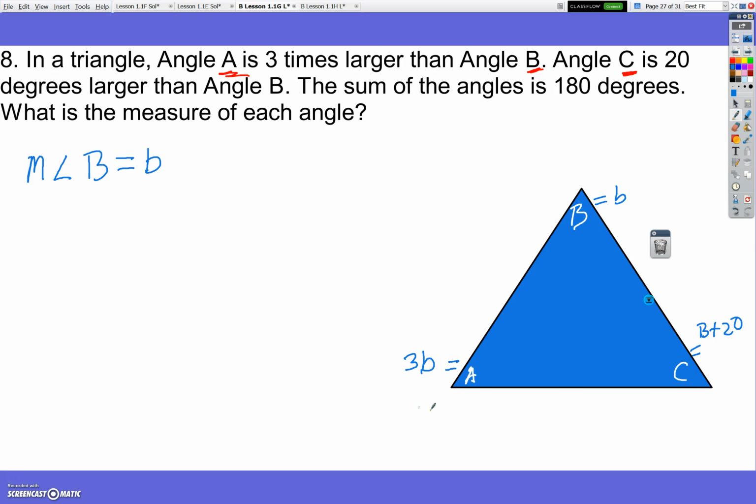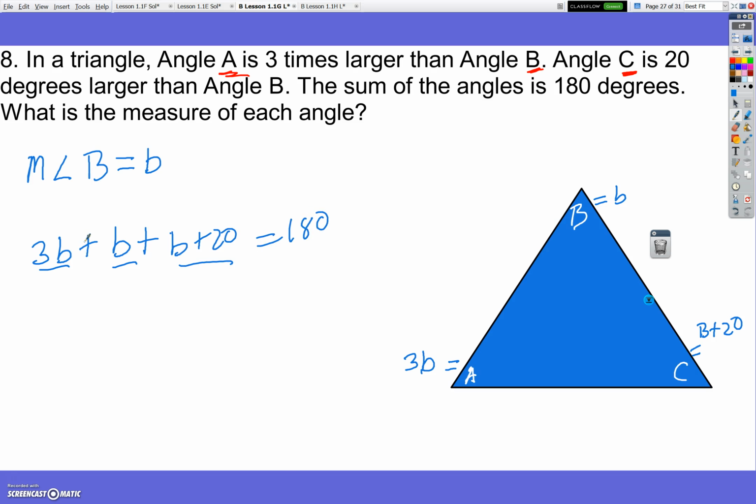Now I know when I add up angle A, angle B, and angle C, that will add up to 180 degrees. So I'm just going to write these then. Measurement of angle A plus the measurement of angle B plus the measurement of angle C will add up to 180 degrees.